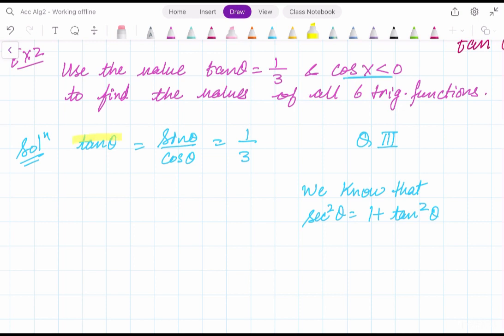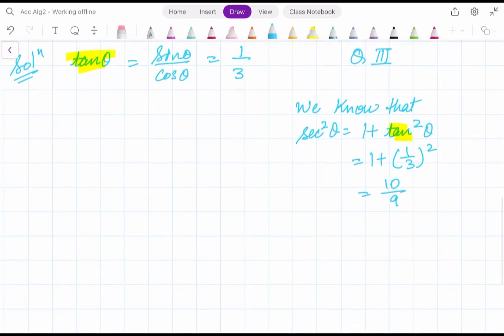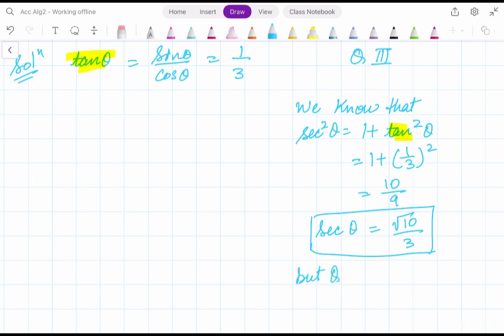Let's plug the value of tangent. So 1 plus 1/3 squared will give you 10 over 9. If I take the radical of both sides, we will get secant theta is equal to radical 10 over 3. Right, so we know that secant theta is radical 10 over 3, but we are talking about quadrant 3, so it will be negative.